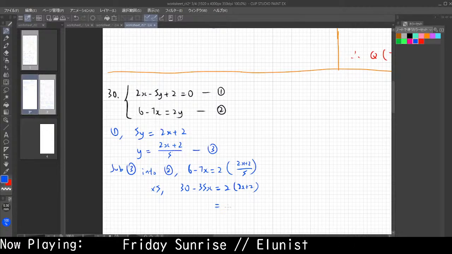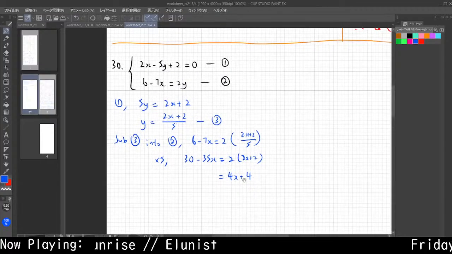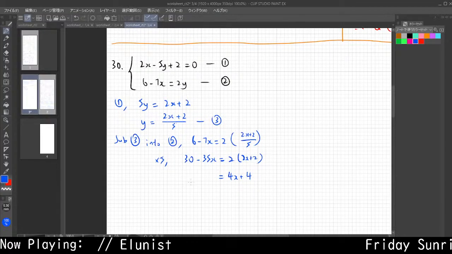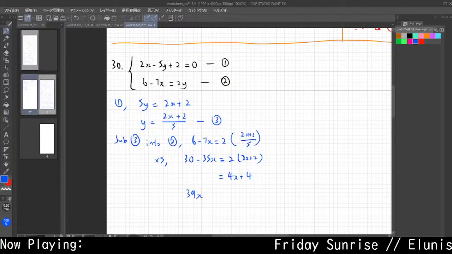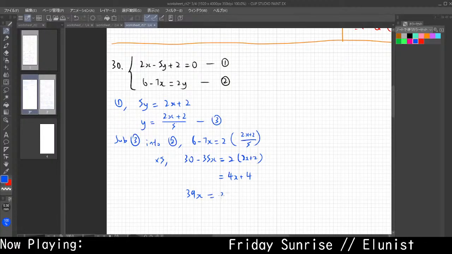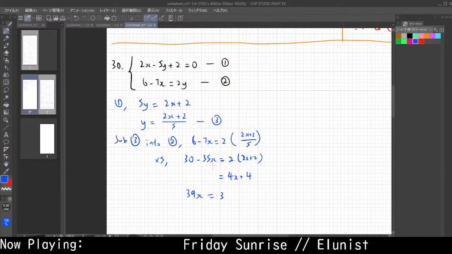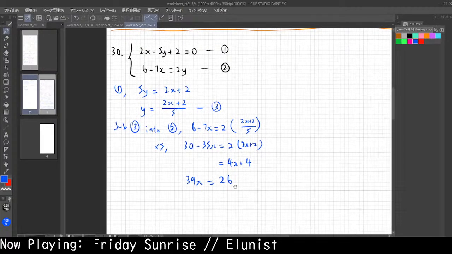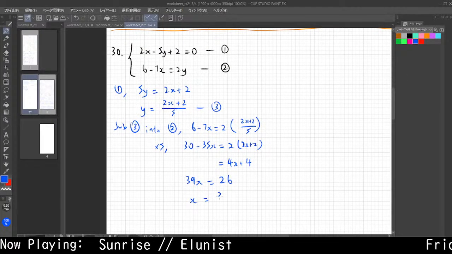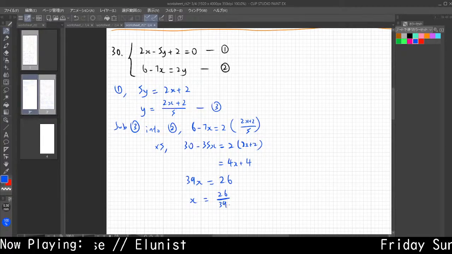This is equal to, you multiply inside, you get 4x plus 4. Then you combine the like terms. You should get 39x equals to 30, bring over, 30 minus 4, you should get 26. Therefore x equals to 26 over 39.